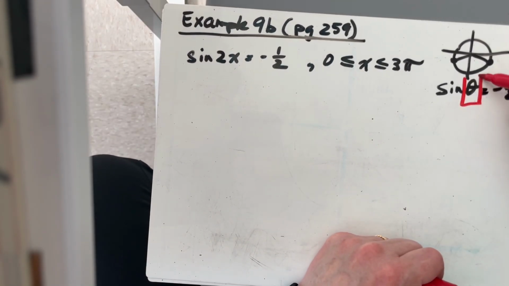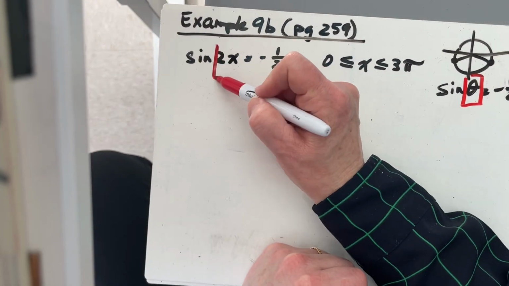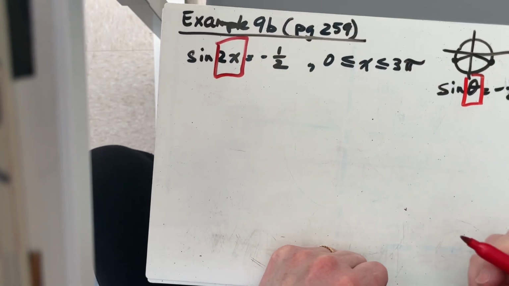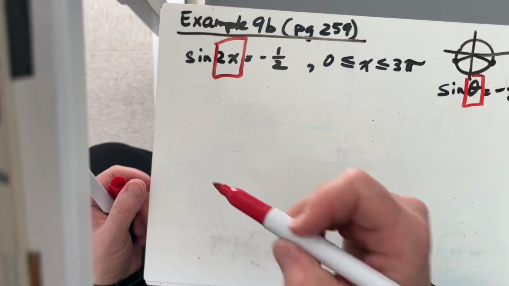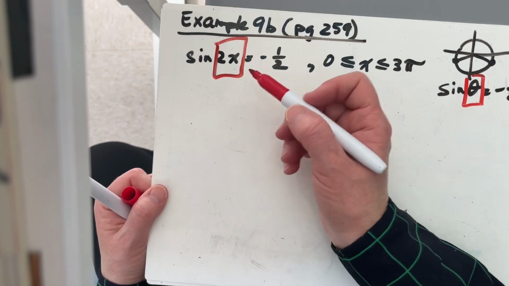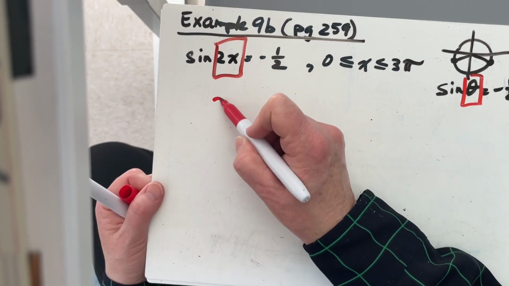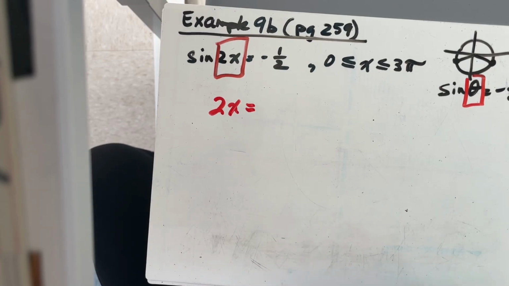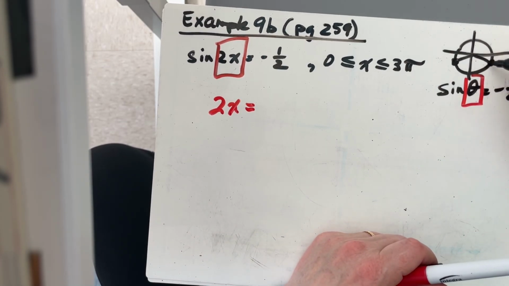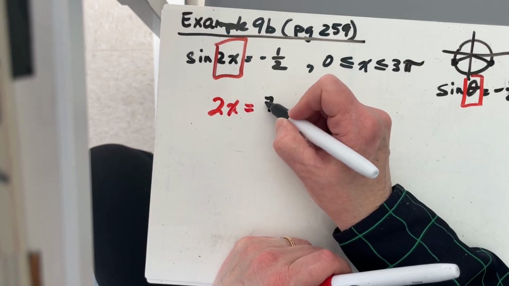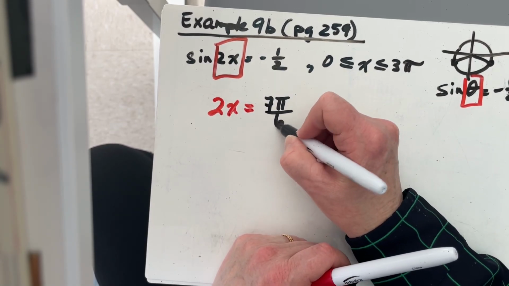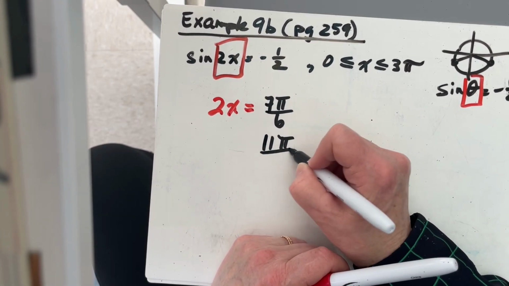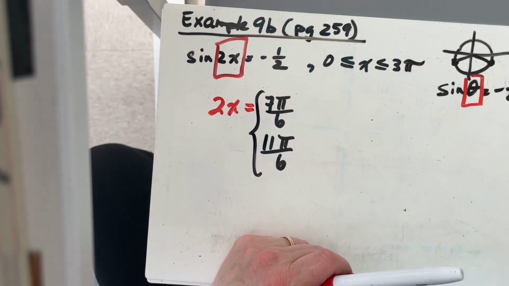So our theta is now a 2x. So when we start solving, we're not going to say x equals, we're going to say 2x equals. And it's those same two positions, 7 pi over 6 and 11 pi over 6. So we're going to put them like this, and join them with that violin bracket.